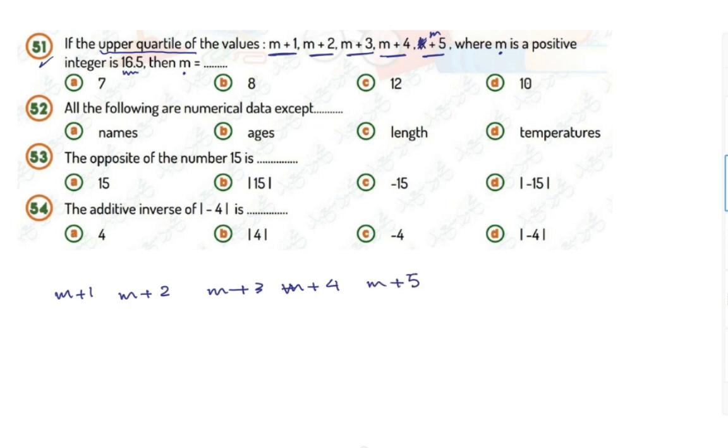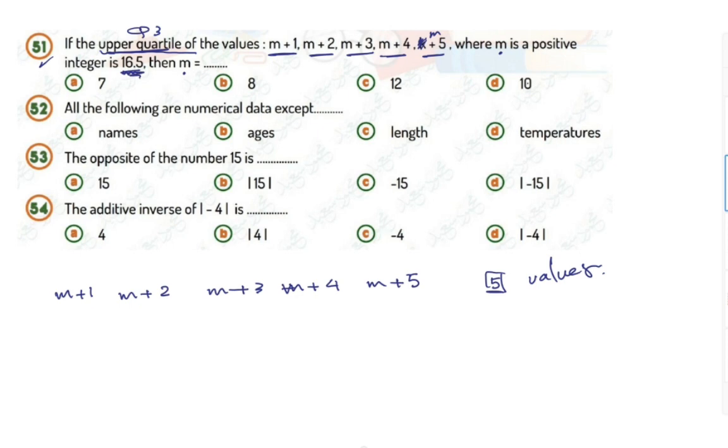Now I have 5 values, and I have some data that the upper quartile, Q3, equals 16.5.